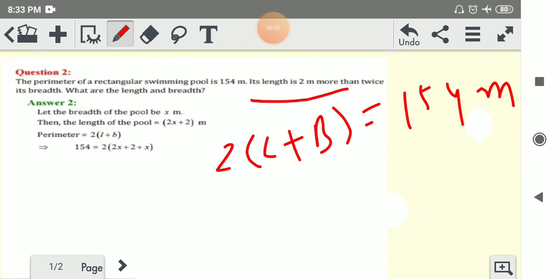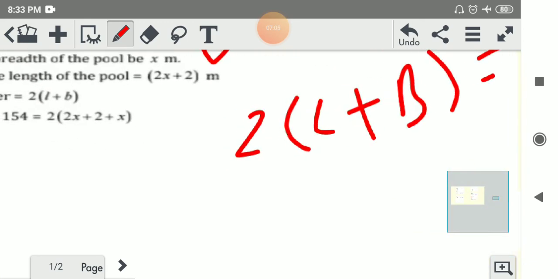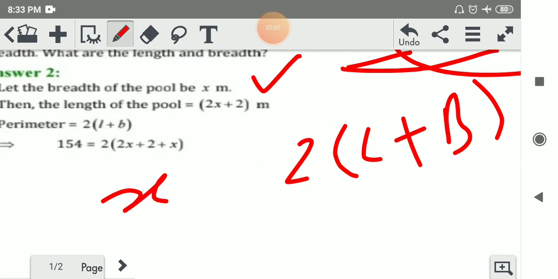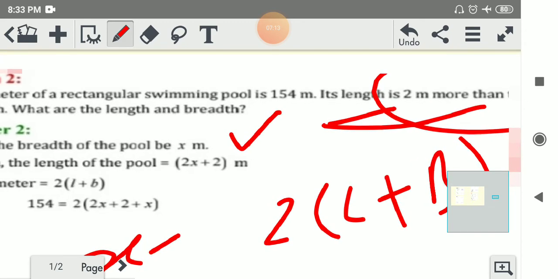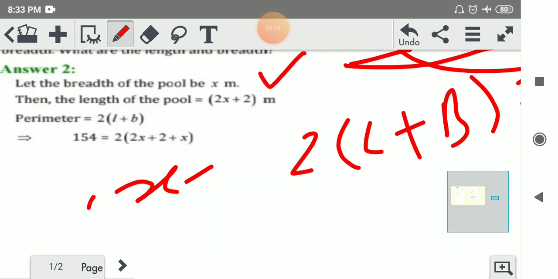Here let the breadth of the pool be x. Then the length will be 2 more than twice the breadth.